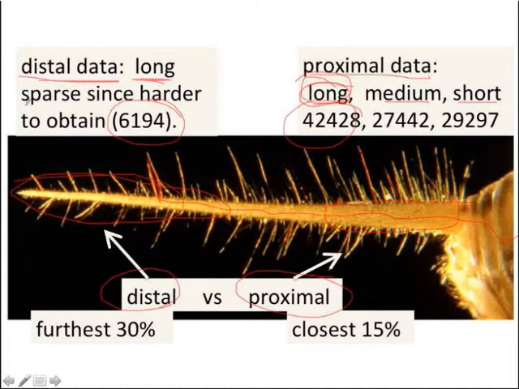Notice it's even sparser, because here we're doing 30%, covering twice the distance instead of the 15%. And so it's a very sparse data set compared to the much larger data set that we have for the proximal data. But that's the data set that we're looking at now.